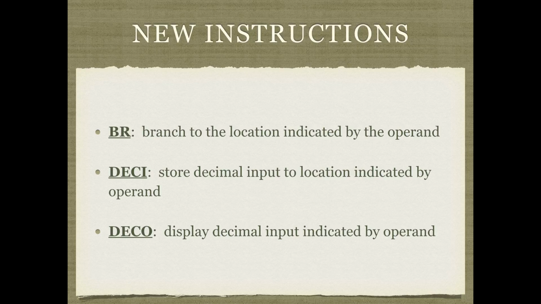And the third was the accumulator. So what the branch instruction does is it overwrites whatever data is in the program counter and puts in a new instruction. So basically what this does is it derails what the original program flow was going to be and changes it to something else.